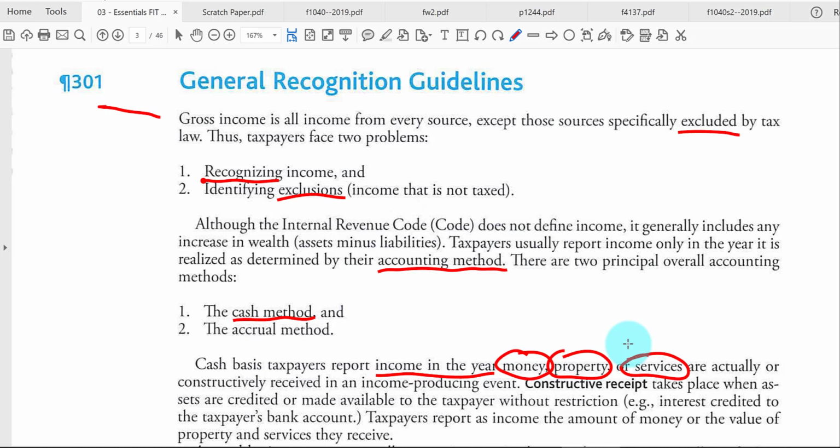So let's say that here is the year 2020. This is a timeline, and here's the end of the year. And of course, the following year is 2021. For most of us, if we have a job, we usually get paid twice a month or every 2 weeks.